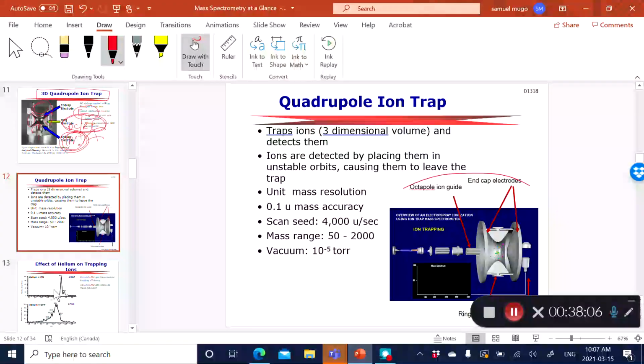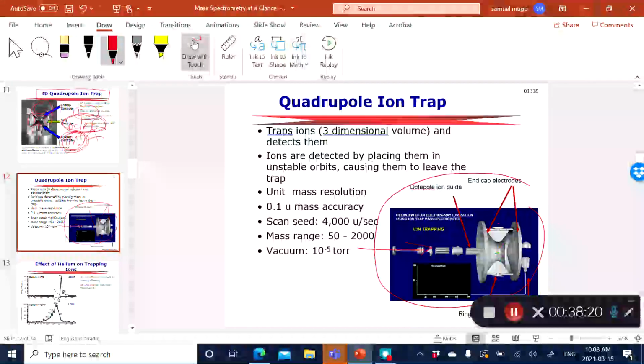So hopefully, these ones explain it even better, where you've got the ions coming through, they get ionized using different methods, and I'm going to talk about the different methods of ionization. And then they get into this trap, the ion trap, which, as I said, you've got the ring electrodes, and then you've got the end cap electrodes.